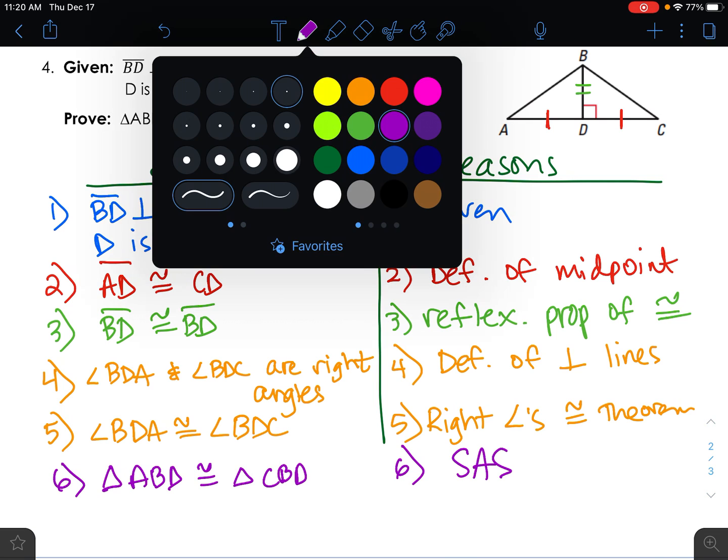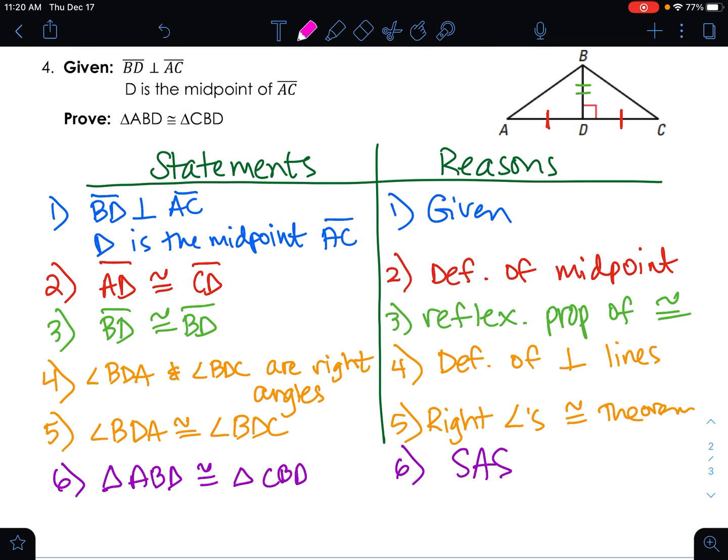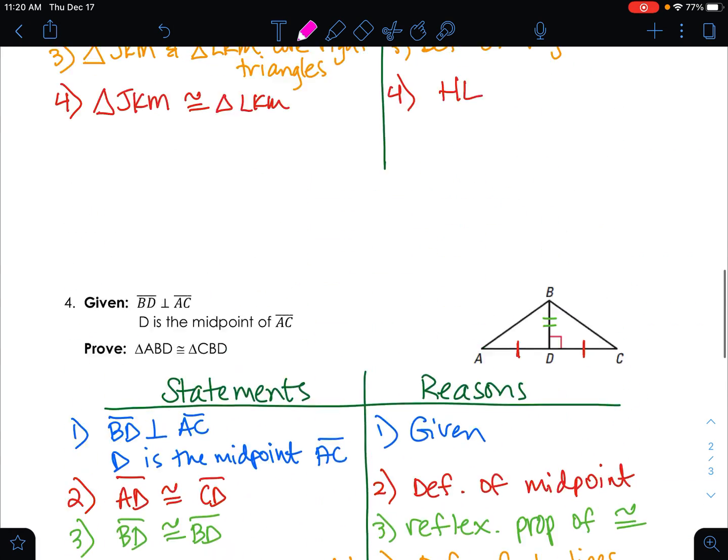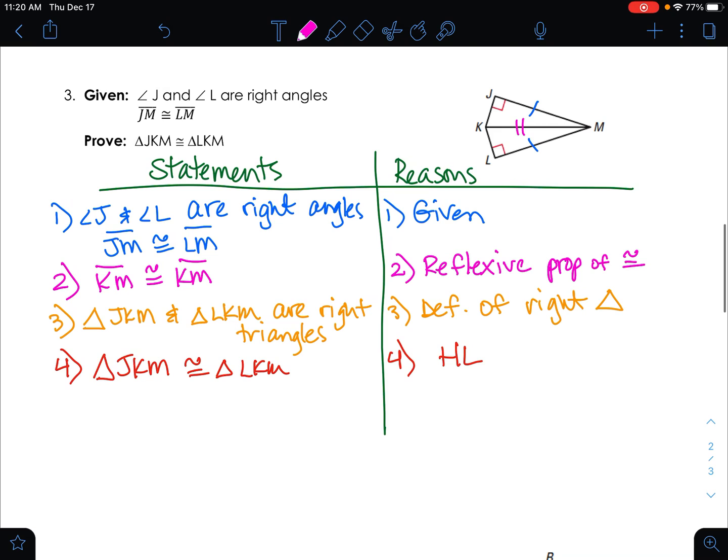Okay, just a couple of things I want to point out. Let's switch here. I want to compare number 3 and number 4 for a minute. Okay, number 3. If I'm going to use HL, I don't need to show that those two right angles are equal to each other because HL doesn't include saying that the right angles are equal.